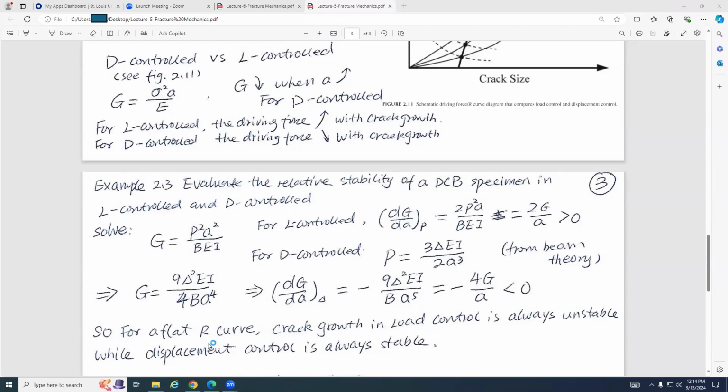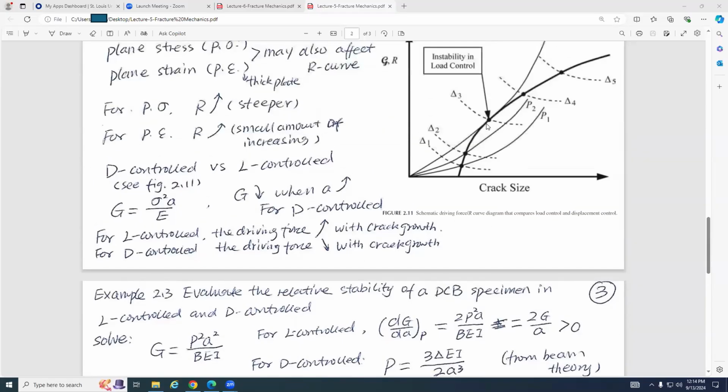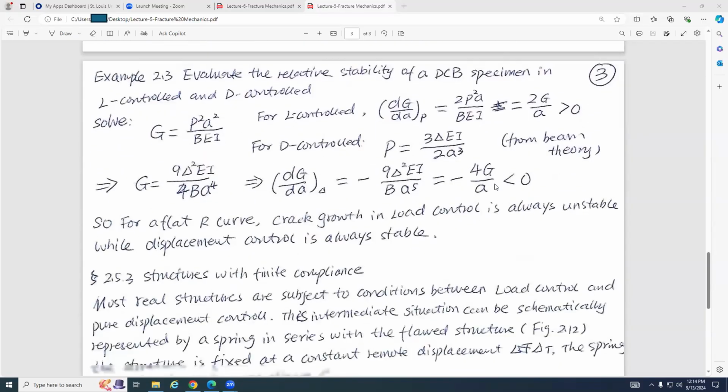Okay, for a flat R curve, the crack growth in load control is always unstable, while displacement control is always stable. Here is the flat R curve, and here is A0.